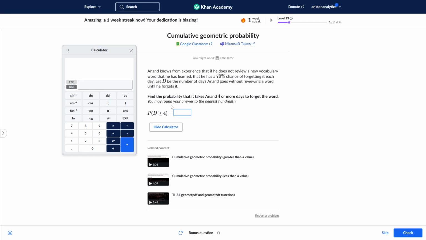This is the same as saying he remembers the word for 3 days at least. 0.3. That's the chance he remembers it each day. 3.